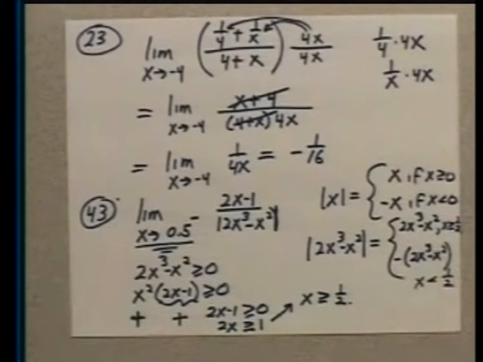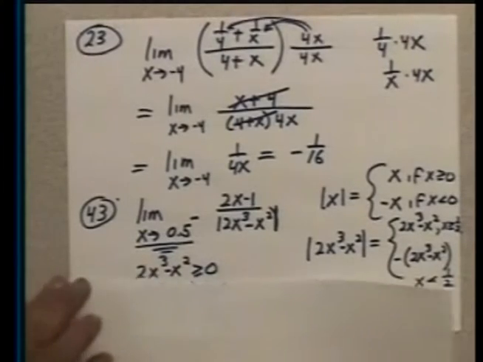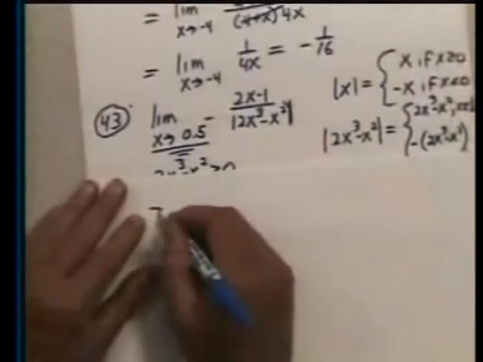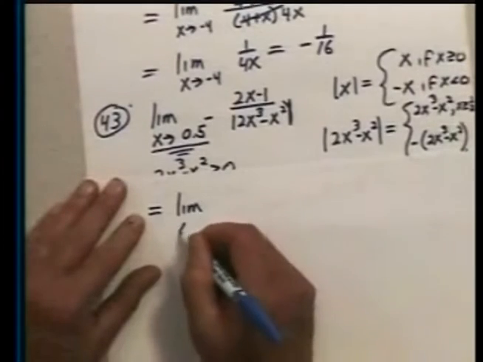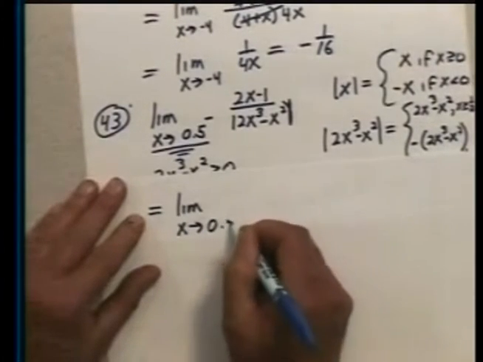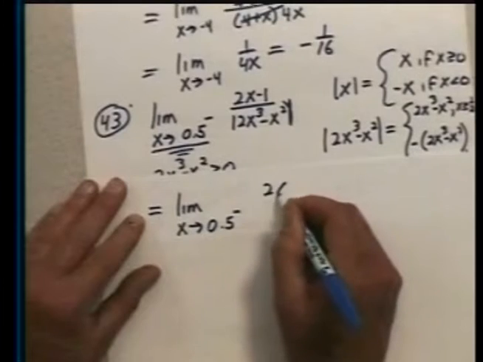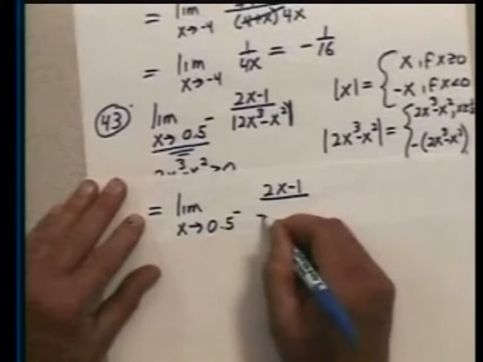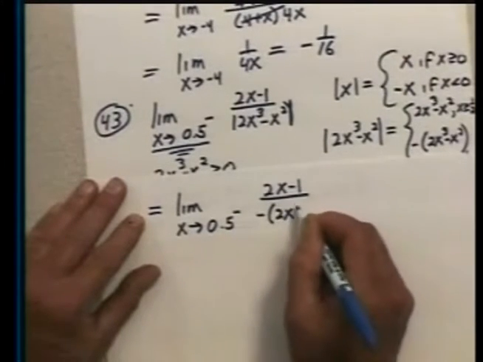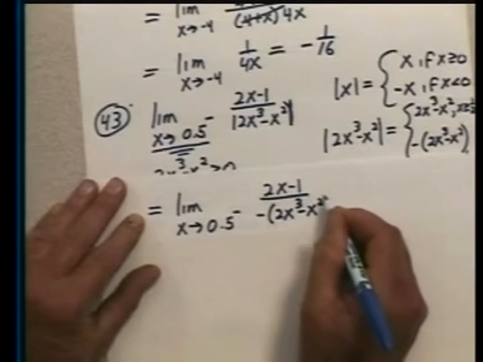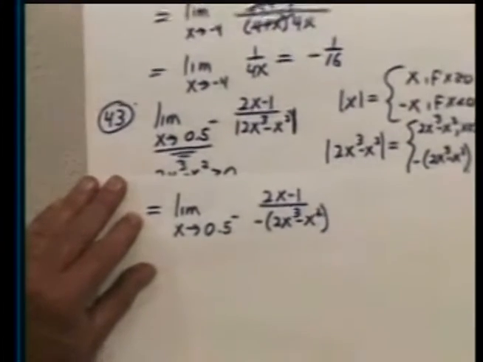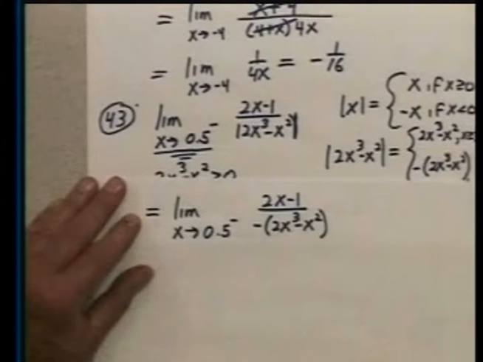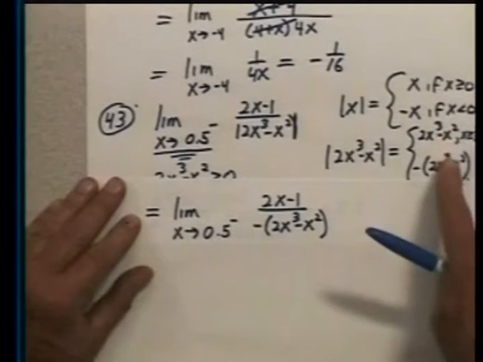Okay, so the very next move for this one is, this is equal to the limit as x approaches 0.5 from the left of 2x minus 1 over the opposite of 2x cubed minus x squared. Are you okay with that? You see, the absolute value is either one of these two.